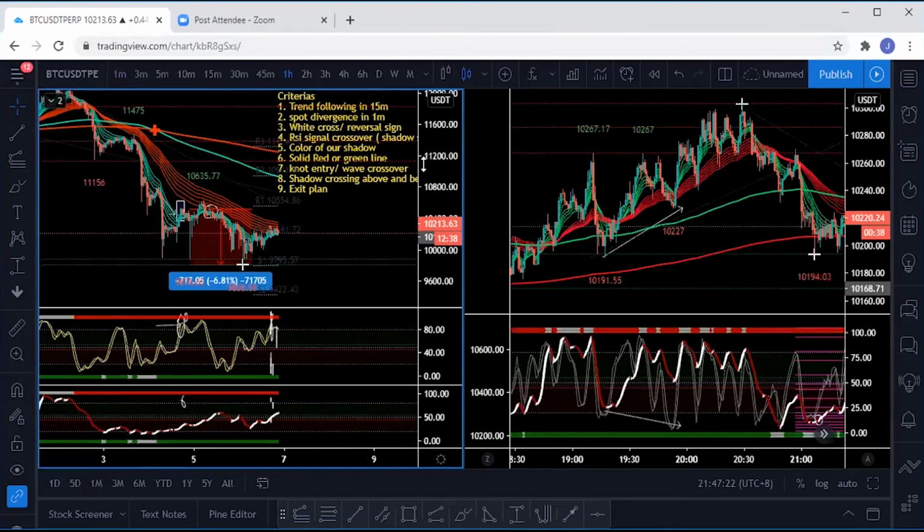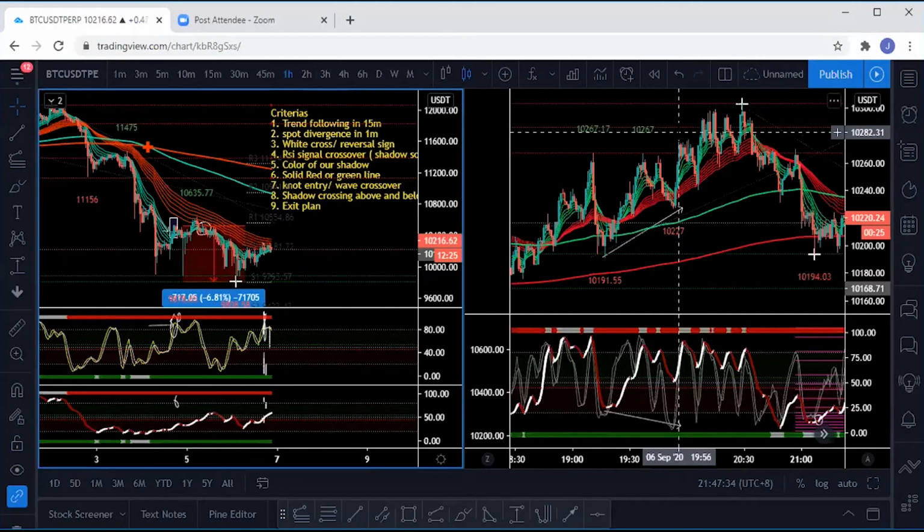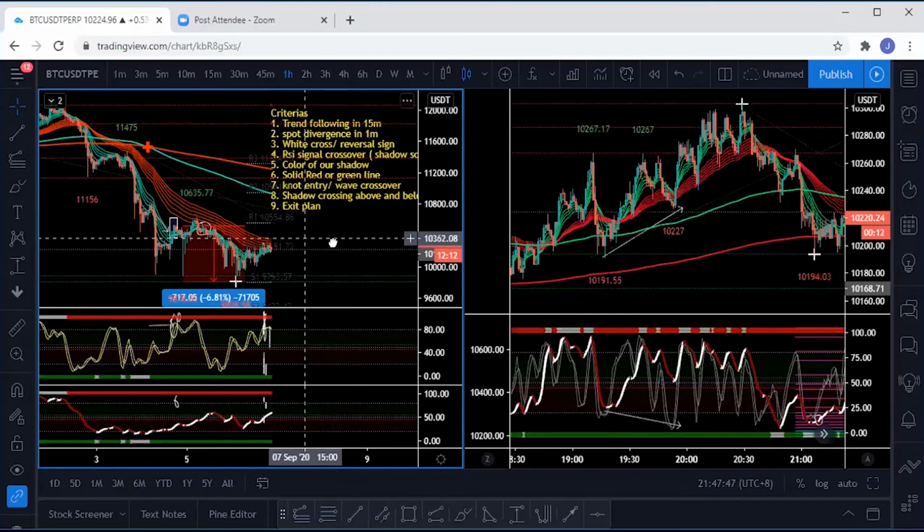Same criteria, but in a higher time frame, like 4 hour or 2 hour, you need to trend follow. In swing trade, you don't have to trend follow. If you are going to swing, you can entry in 1 hour time frame and exit in 15 minutes time frame. That is how I swing trade.